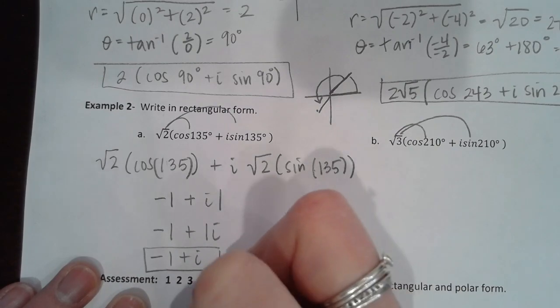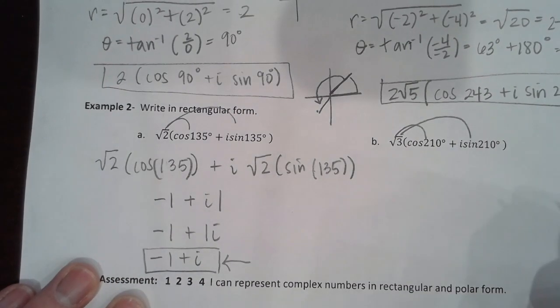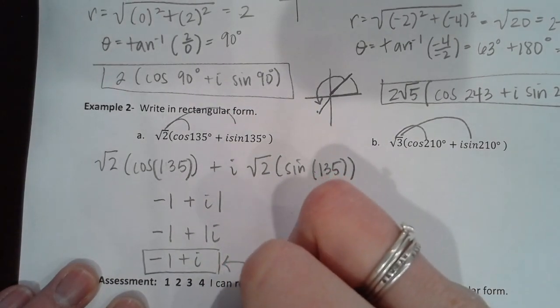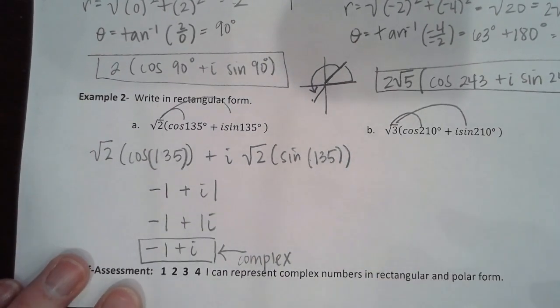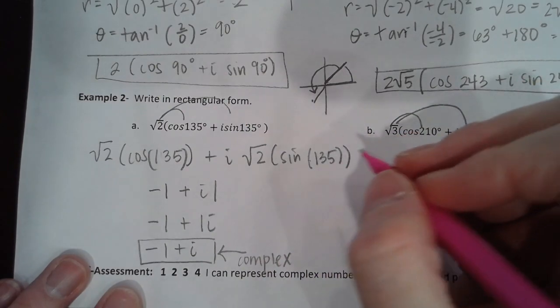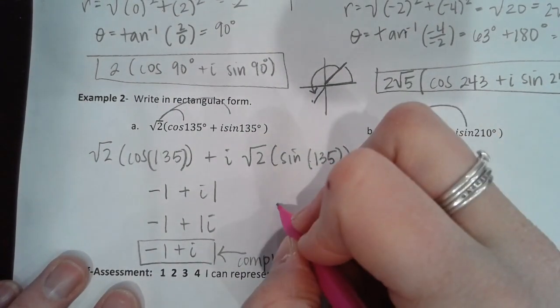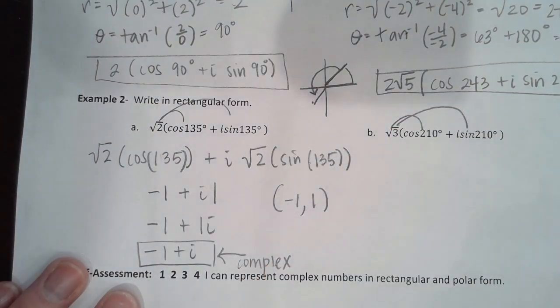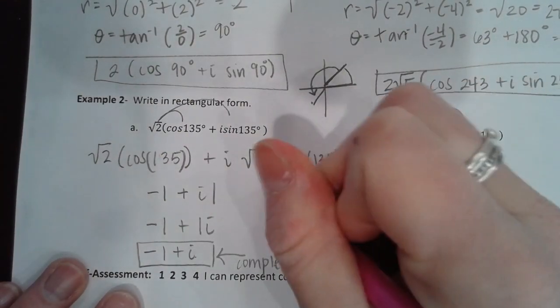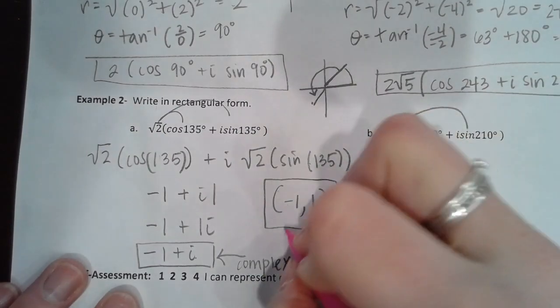Oh, actually, this guy right here is our complex. And if I wanted to write it in rectangular form, that's like the ordered pair after you graph it. So if I went -1, +1, that would be -1, +1 to graph this guy on our coordinate plane. So this is it written in rectangular form.